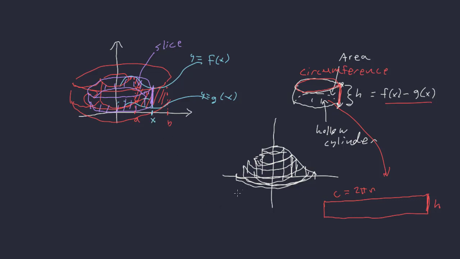If we want to find the radius, it's actually going to be the x value partway in between. Let me clean this drawing up so that we basically just have the x and the cylinder that we are creating here.